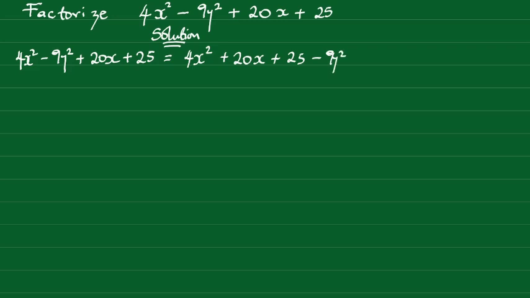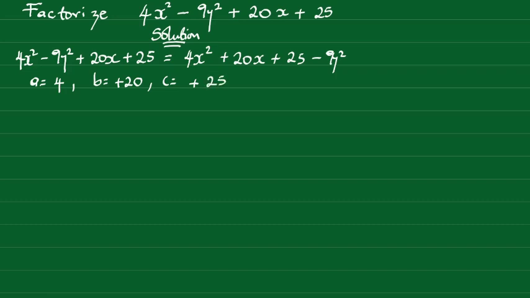This is done in order to make our work much easier. Now we take note of the following: that our value for A is equal to plus 4, the value for B is equal to plus 20, while our value for C is equal to plus 25.